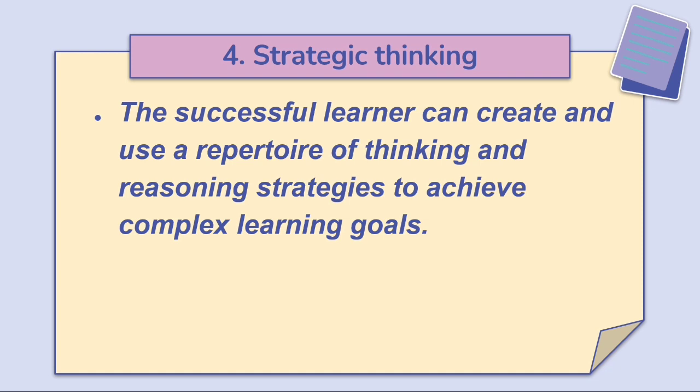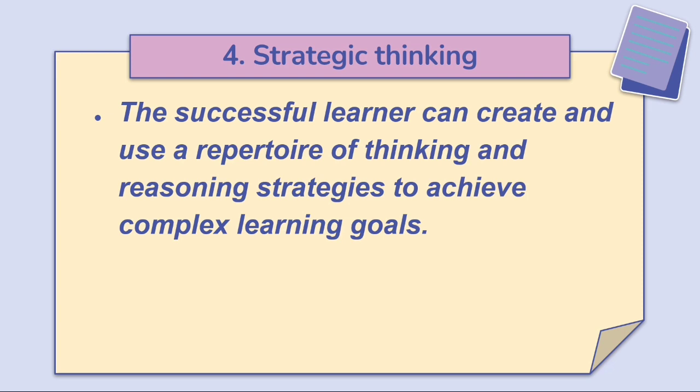They also continue to expand their repertoire of strategies by reflecting on the methods they use to see which work well for them, by receiving guided instruction and feedback, and by observing or interacting with appropriate models. Learning outcomes can be enhanced if educators assist learners in developing, applying, and assessing their strategic learning skills.